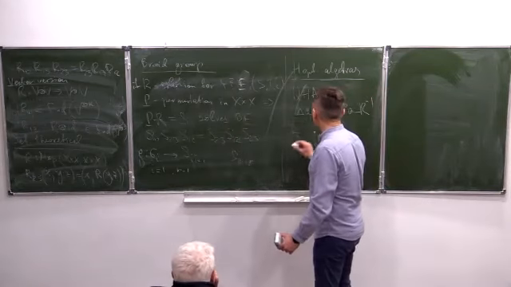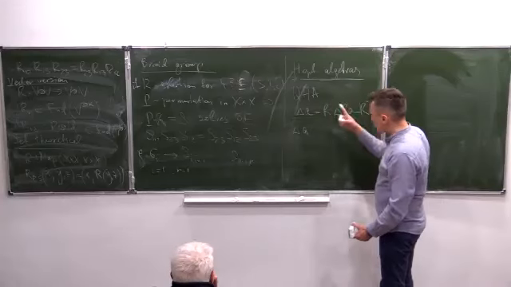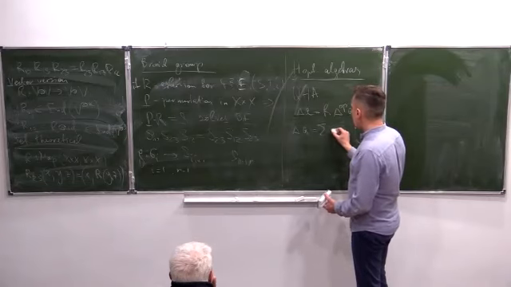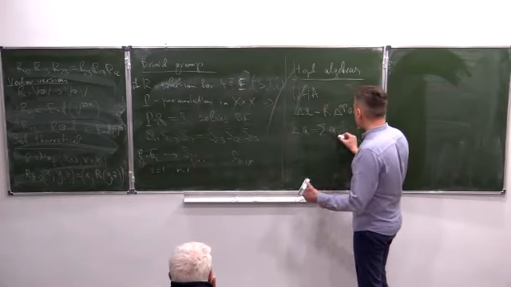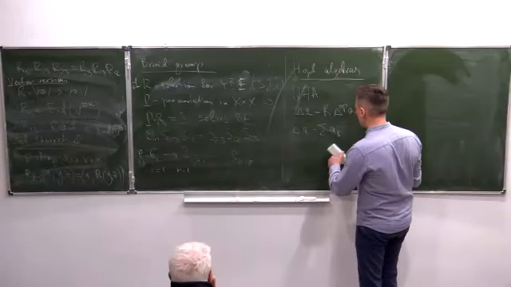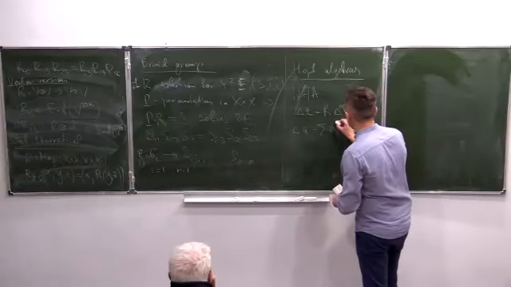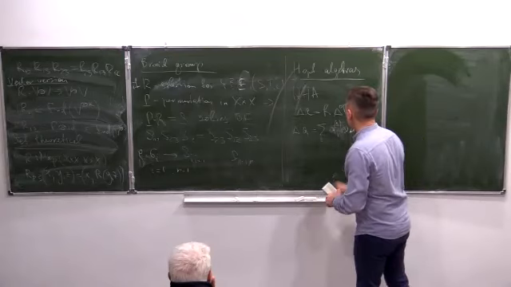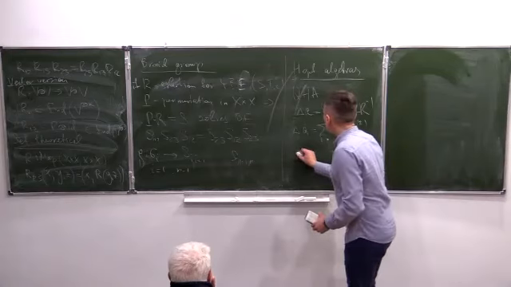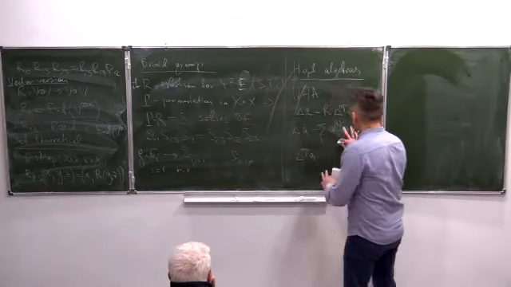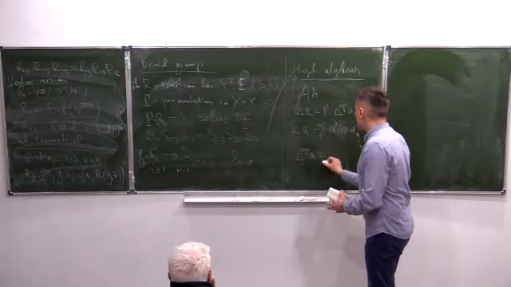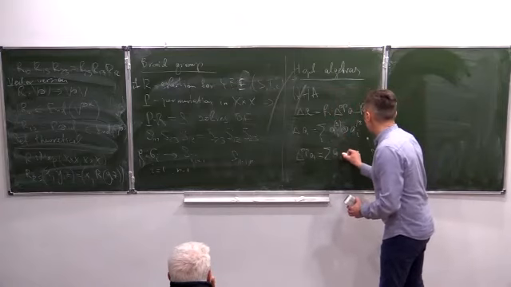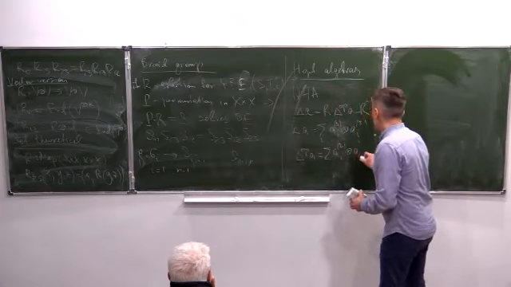So delta of a is an element of the tensor square of the algebra A. So it can be represented by some sum over a of a_i^(1) and a_i^(2), and delta opposite of a is the sum with inverted components a_i^(2), a_i^(1).